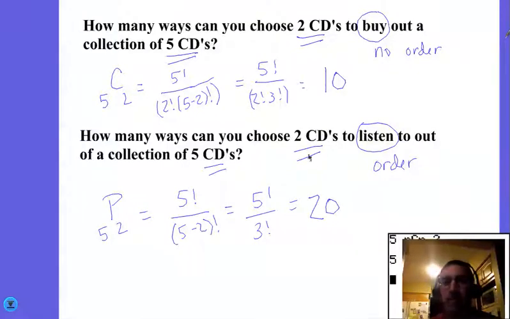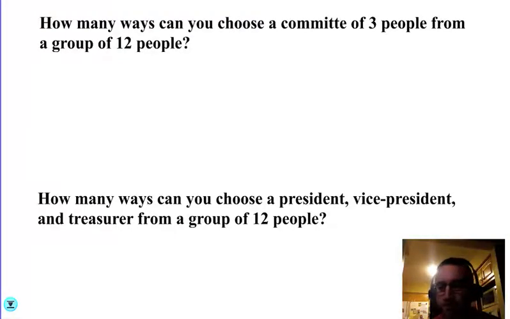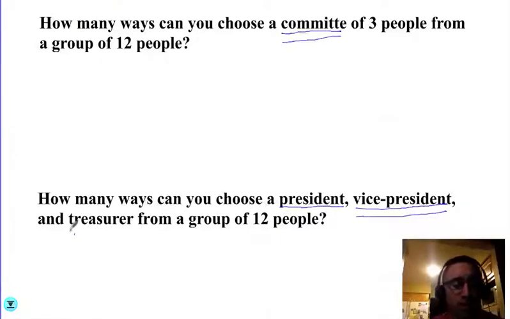Alright, let's go. Moving on, we're going to take a look at another example, 2 examples. Notice here we have how many ways can you choose a committee of 3 people from 12, compared to if instead of a committee we're picking specific officers, which means there's a specific order.